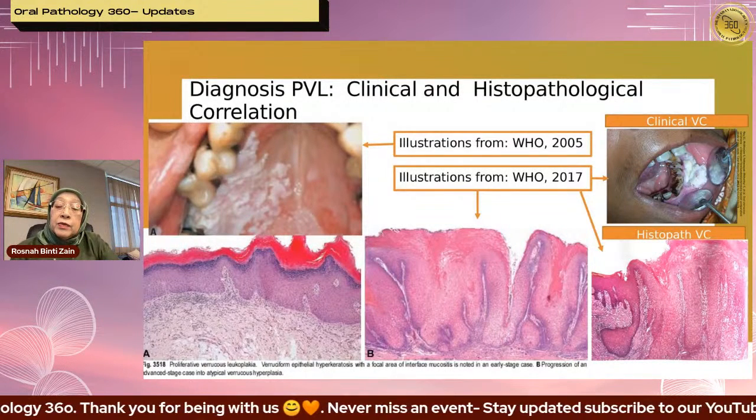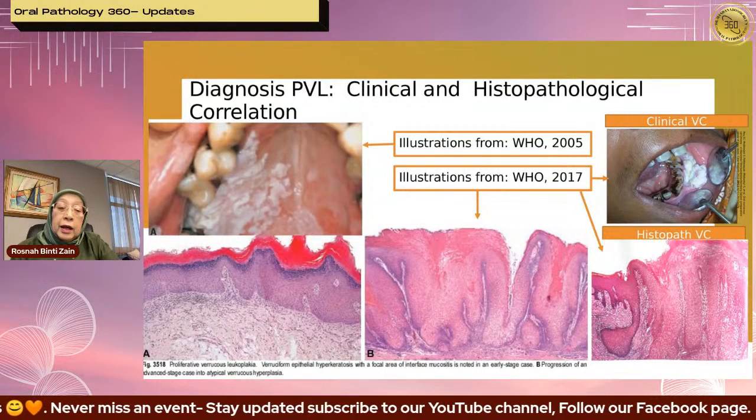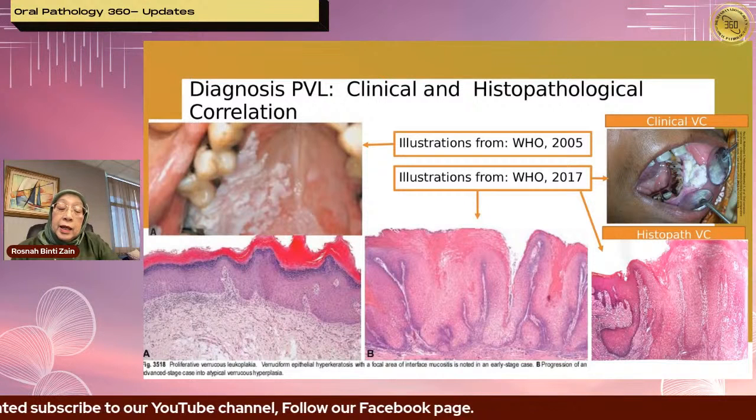And so in terms of clinical diagnosis, that would probably have been called verrucous leukoplakia, or many have called it verrucous hyperplasia.